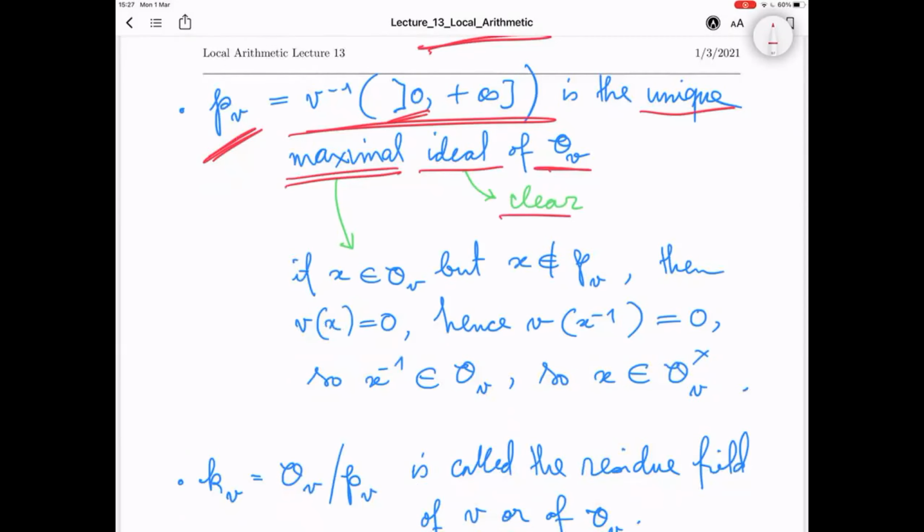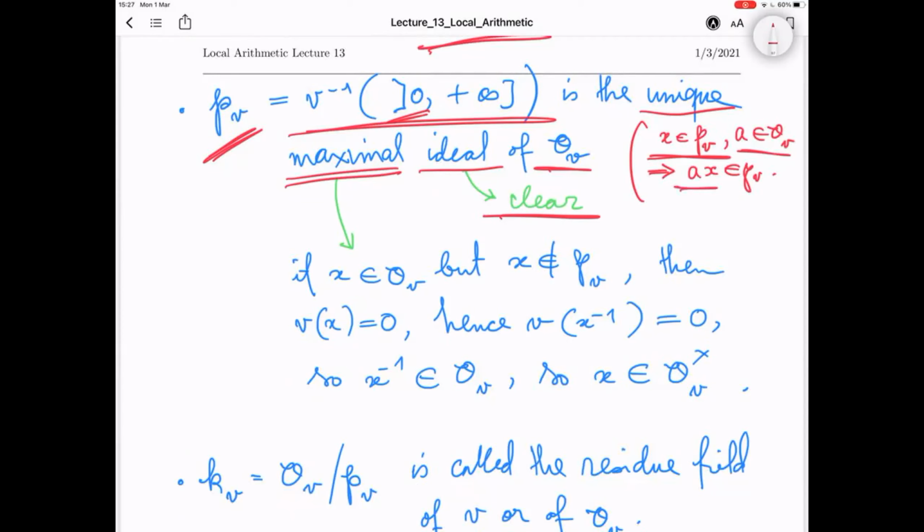Okay, that it's an ideal is clear. For an ideal, what do I have to show? I have to show that if x is in this P V and a is in O V, then a x is in P V. But this is absolutely clear, because x in P V means that the valuation of x is strictly positive, and a in O V means that the valuation of a is positive.